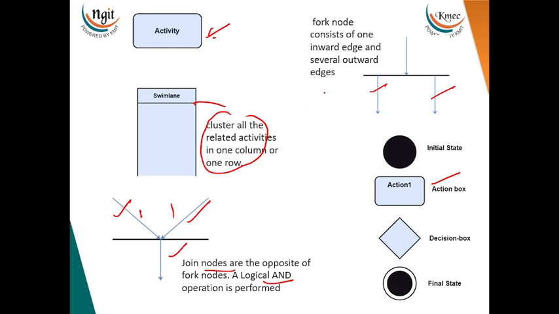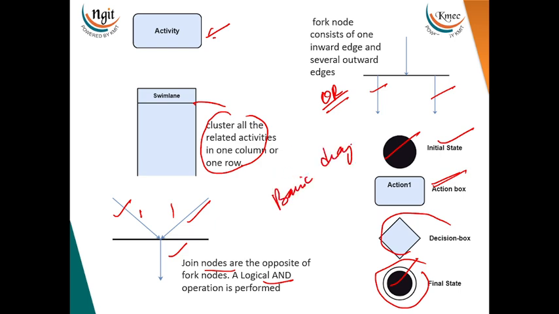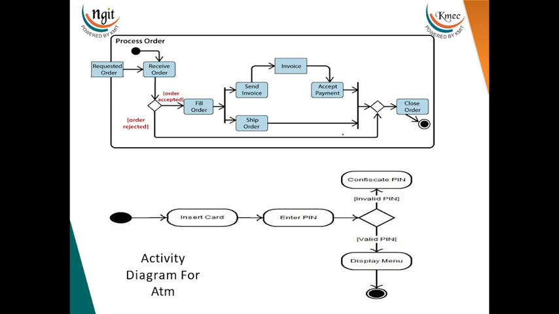Either way, it's something about OR, correct? And we have got the initial state, this is action and decision, and the final. The difference between initial and final. These are the basic symbols used in activity diagrams.